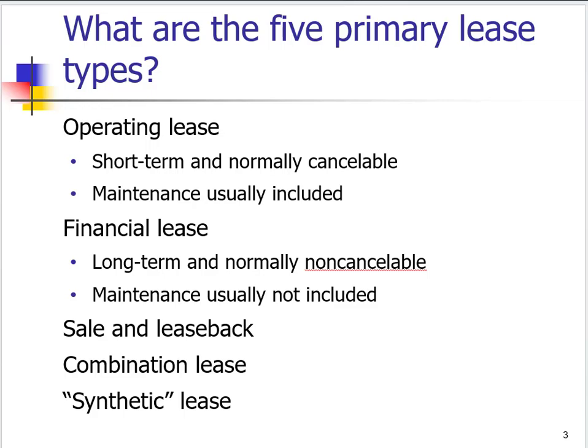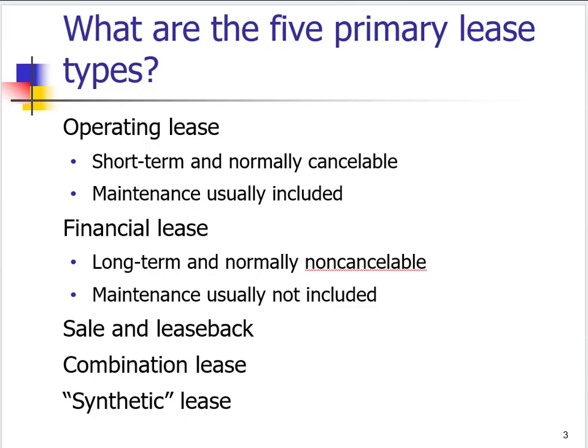A sale and leaseback is when a company owns the asset, and for some reason, most likely cash, they sell this asset to another company and then lease it back. Of course, when they lease it back, if it's an operating lease, which in these cases most likely it is, that company that we sold it to now maintains the asset.